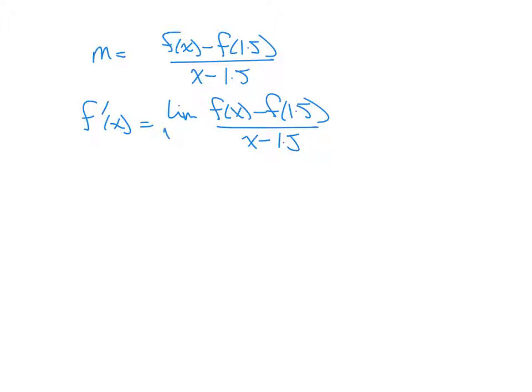But we're going to let the x that's in that second point move closer and closer to 1.5, the x-coordinate of our point of tangency. Once that happens, we will have not the derivative at x, it's actually the derivative specifically at 1.5.